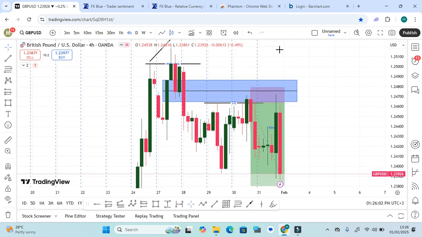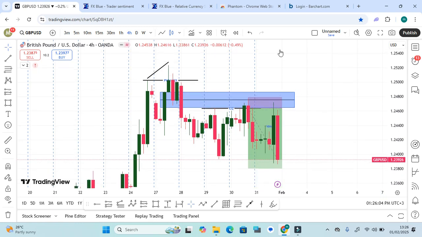Now, on Tuesday, we were supposed to look for sales, right? Why? We took this high when we closed below it. See? Below the high.